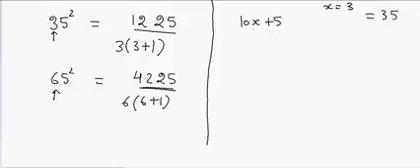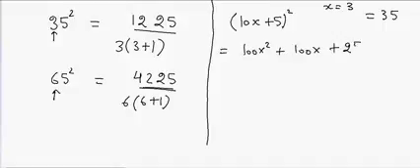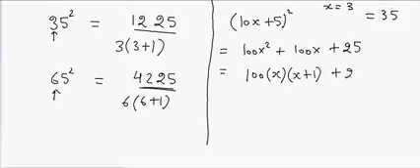So if we have 10x plus 5 and we want to square it, that will be equal to 100x squared plus 100x plus 25. If we solve this, that will be equal to 100 times x times x plus 1, plus 25.